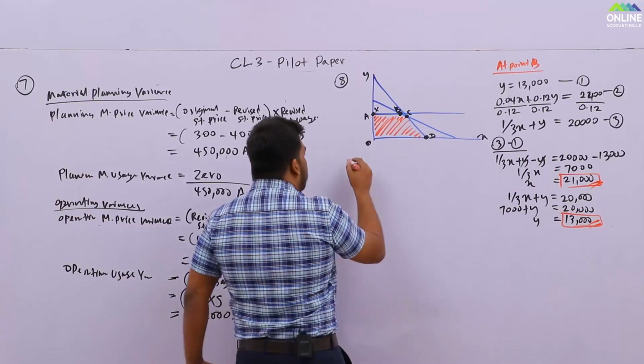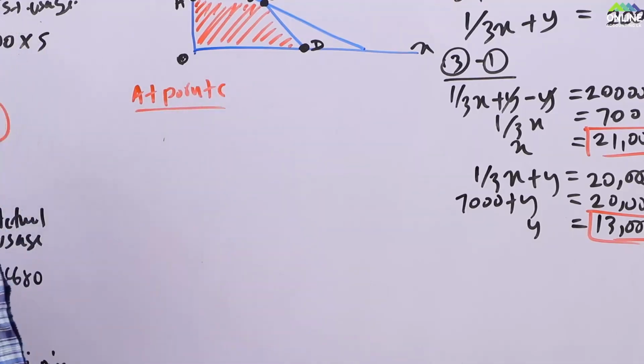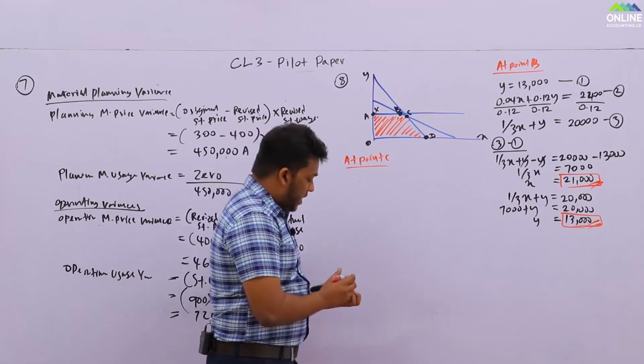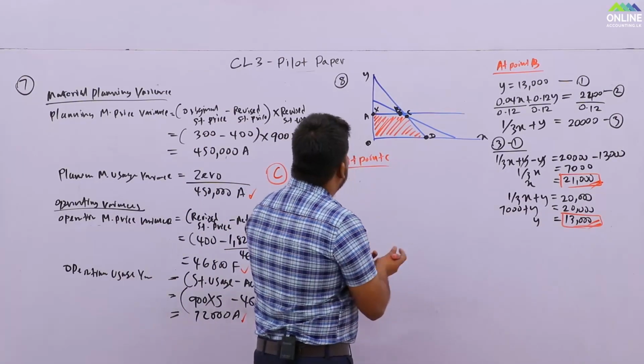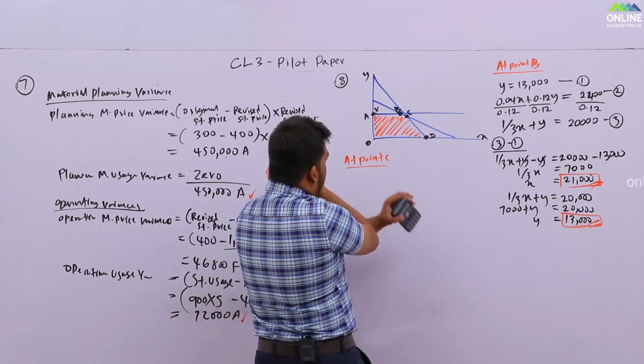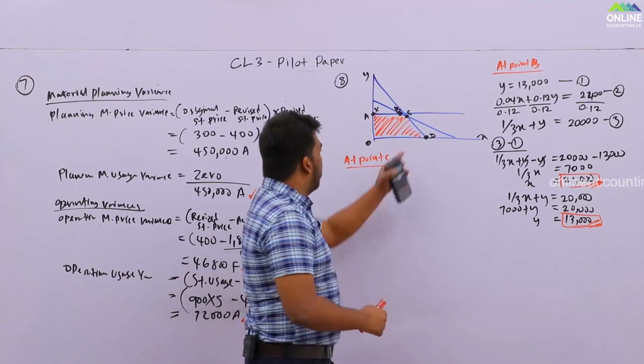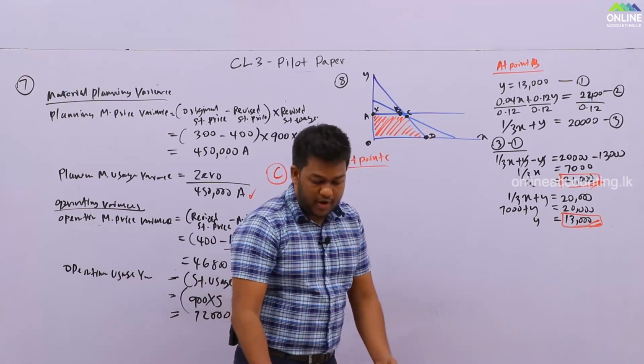Then at point C, what are the two formulas? These two lines are intersecting, not the other one. So what are those two formulas?